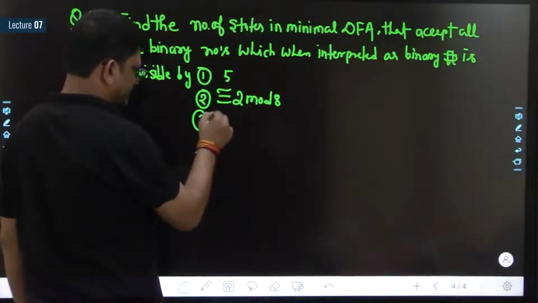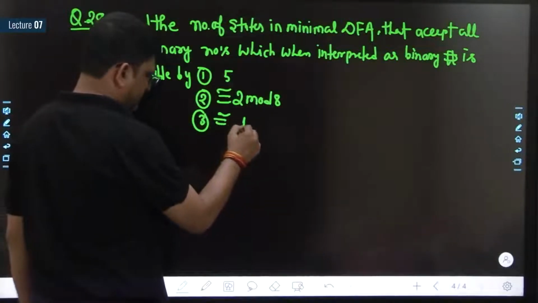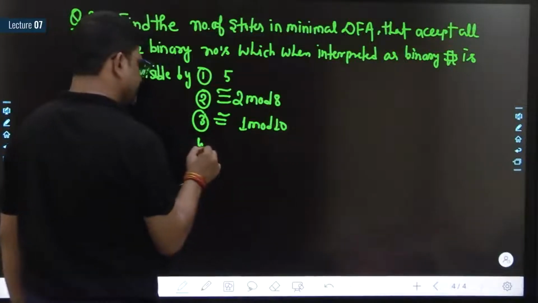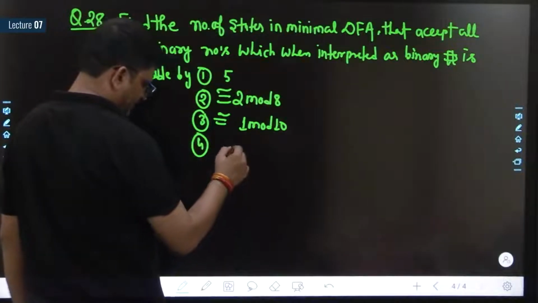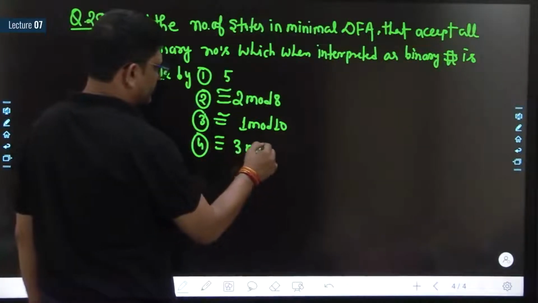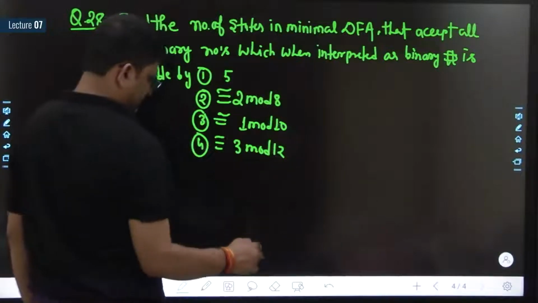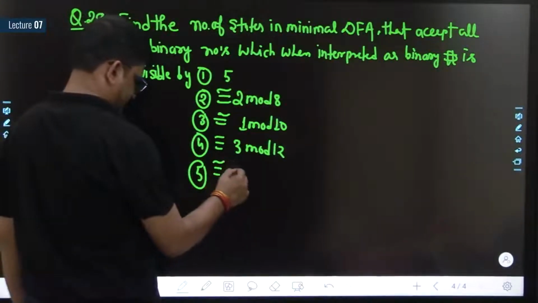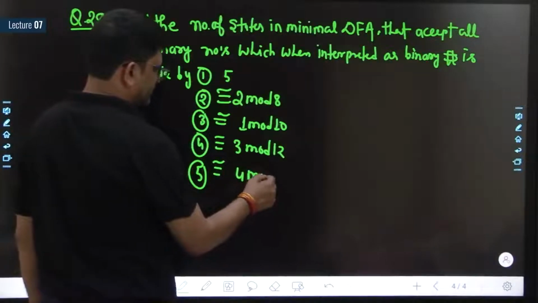Third question, congruent 1 mod 10. Fourth question, congruent 3 mod 12. Fifth question, congruent 4 mod 16.